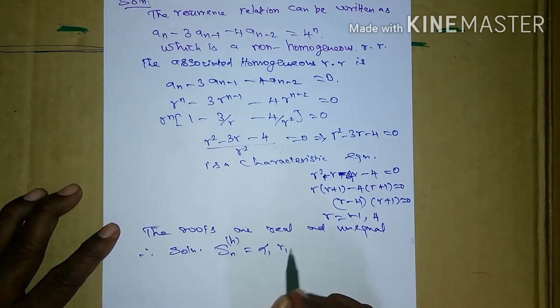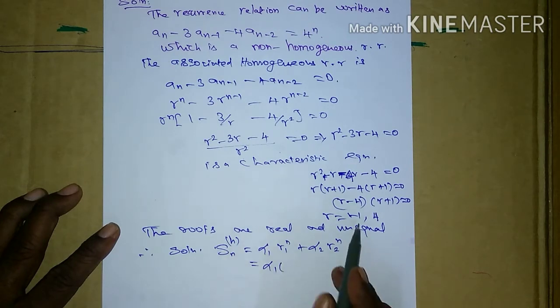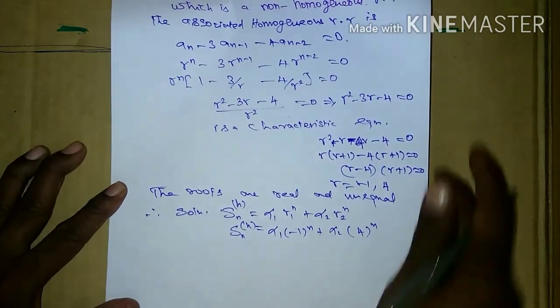It is alpha 1 r1 power n plus alpha 2 r2 power n. This is equal to alpha 1 into minus 1 power n plus alpha 2 into 4 power n. Therefore, this is s n h, the solution for the associated homogeneous recurrence relation.